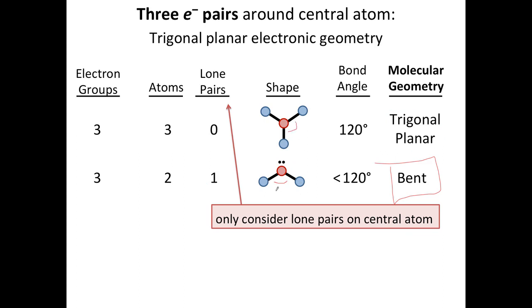But it's not quite 120 degrees. It's a little less than 120 degrees, because this lone pair exerts more of an influence on the bonds around it than the atoms do in the one above. So because there's a lone pair, it tends to push these bonds down a little more, and then it reduces this angle and now makes it less than 120.